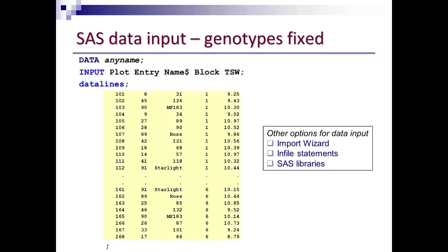You notice that we have a $ sign with the name variable because that is a character variable. And then you would just simply list your data lines. There are other options for data input in SAS, including using the import wizard. You could use infile statements, or you could set up a SAS library. But this is just the simplest approach.